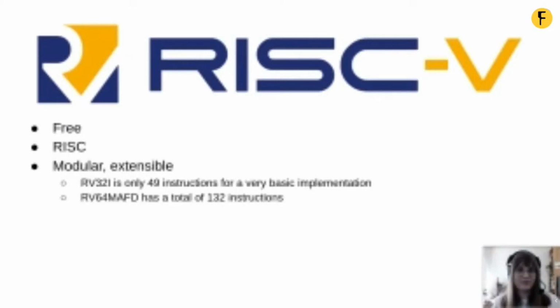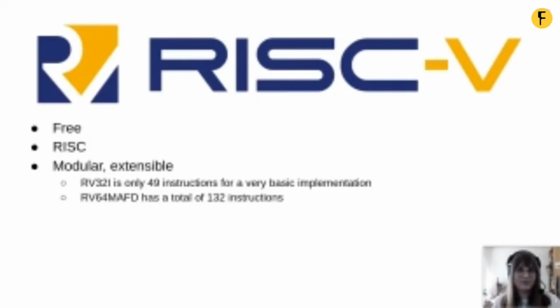So as opposed to x86, which, like I mentioned, grew massive over time with lots and lots of complicated instructions, it's got a small set of basic instructions, and then they're very careful about adding more instructions on top of that to keep it reduced and simple. And the way they do that is by making it modular and extensible. And this will be really important going forward in this port.